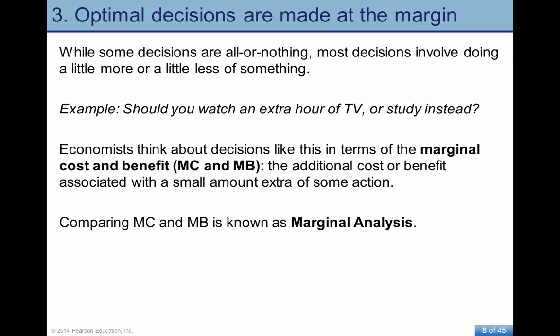Economists think about decisions like this in terms of the marginal cost and marginal benefit: the additional cost of or benefit associated with a small amount of extra of some action. Comparing marginal cost and marginal benefit is known as marginal analysis. And according to marginal analysis, rational people make a decision only if marginal benefits exceed marginal cost.